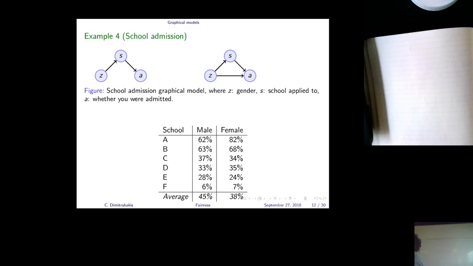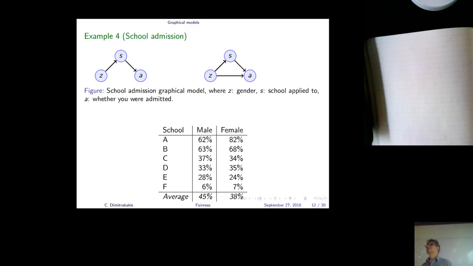In terms of fairness, what we would like to know is whether something is independent of something else. For example, this is not one of the two definitions we had before, but an alternative definition is to say that your action should simply be independent of the gender.